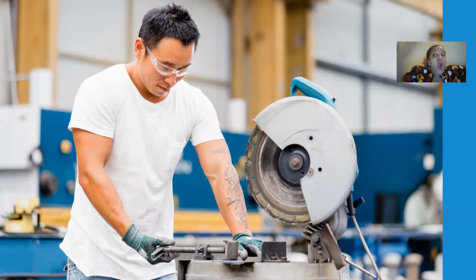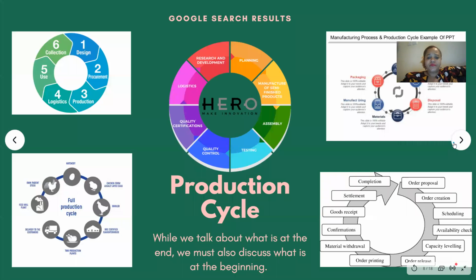So what is the art of production? Well, sometimes when you don't know, guess who has the answer? Google, right? So we Googled production, and one of the key things that came out was the production cycle. So you see that here, and you also see it here, and here, and here, and here.